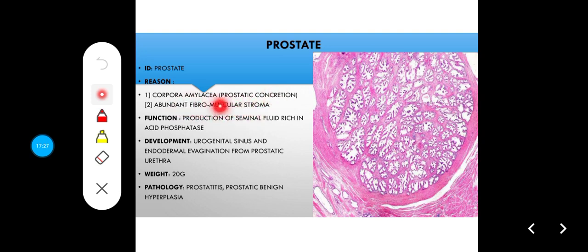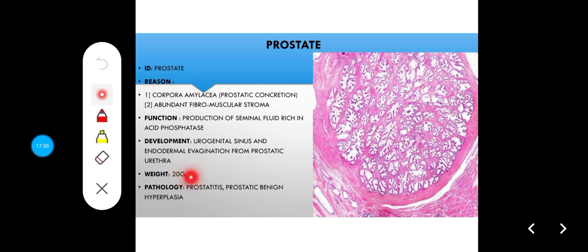So that's the second reason. And then the function of the prostate includes production of seminal fluid rich in acid phosphatase. The development is from the urogenital sinus and the endodermal evagination from the prostatic urethra.